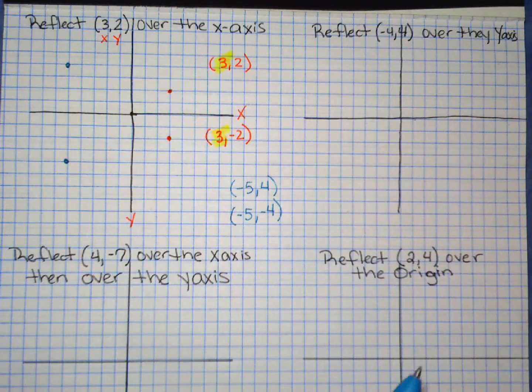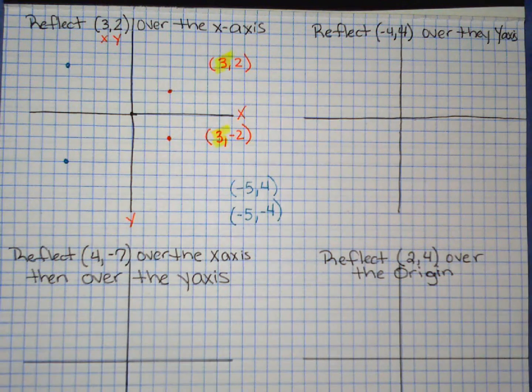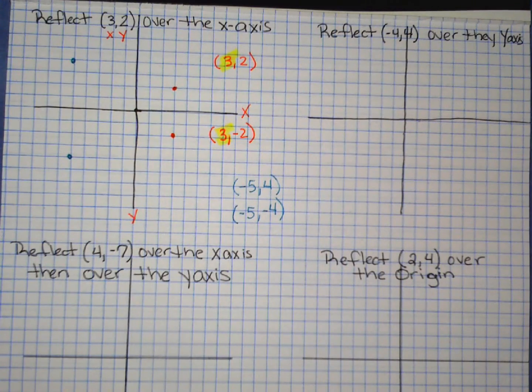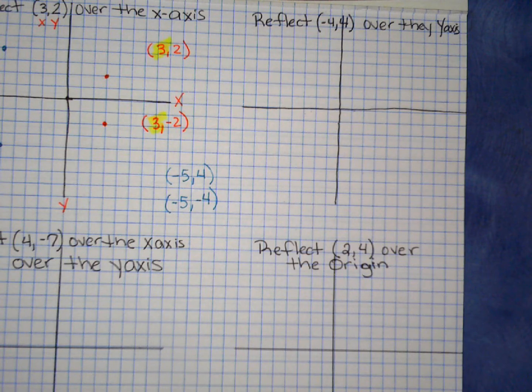Remember, like I said, if I had folded this paper and I held it up to the light, the two dots should be pretty much in the same spot. Okay? So that's a reflection.